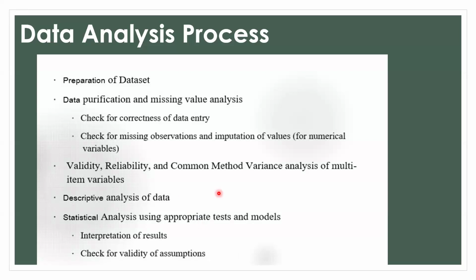For instance, we can have 7 items for measuring job satisfaction and another 4 items for turnover intention. Then the 7 items of job satisfaction have to be correlated to each other, which we call the reliability.